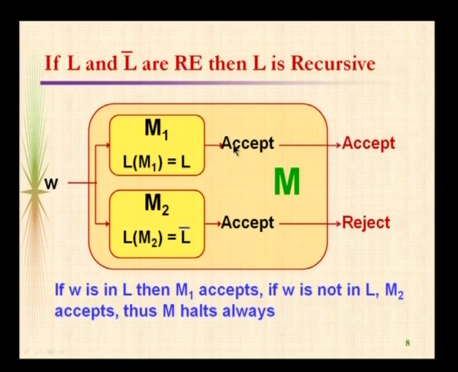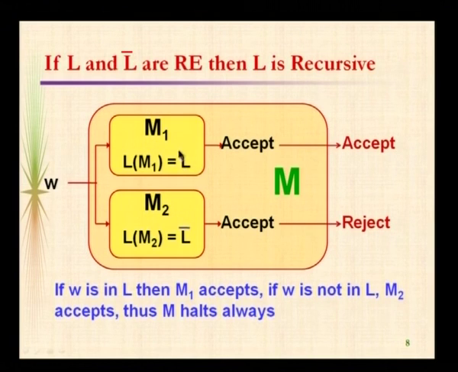So we have two outputs, both are treated as accept outputs, but from two different Turing machines, both constructed for complementary languages. One is for L and another one is for L's complement.